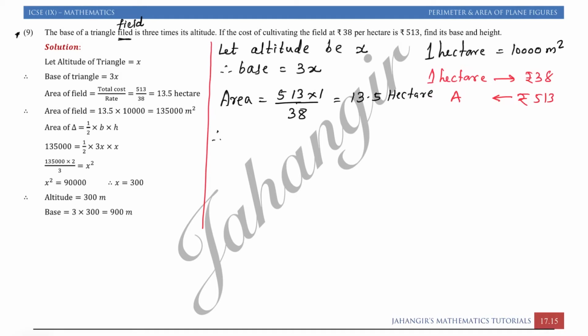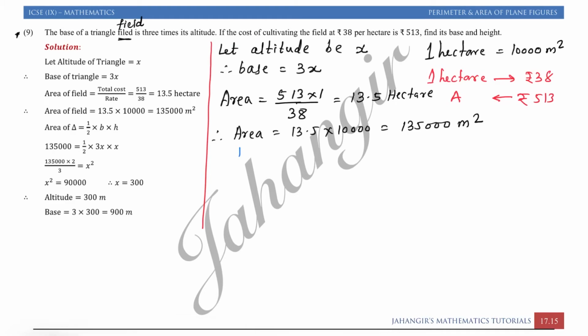So therefore we can say area is equal to 13.5 into 10,000. We have to convert into square meter, which is standard unit. 135,000 meter square. Now we can take height and base formula. As we know, altitude is x and base is 3x.